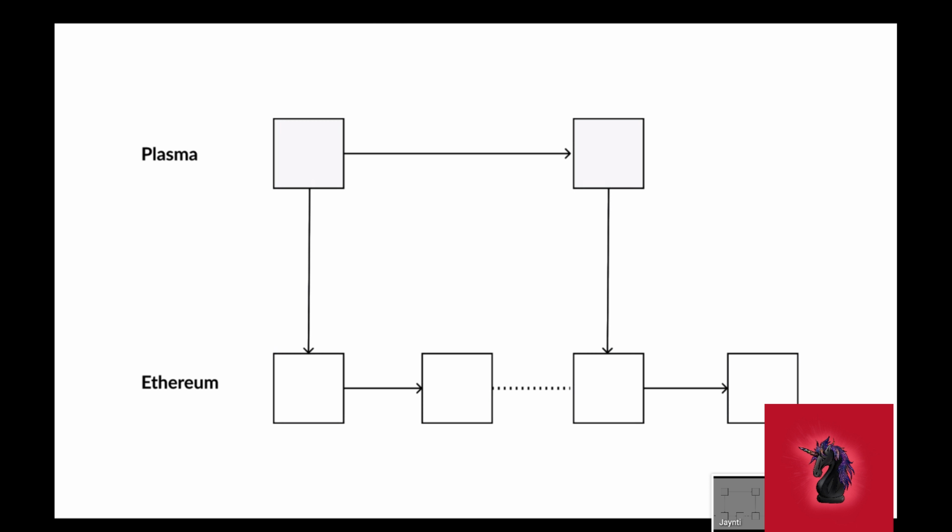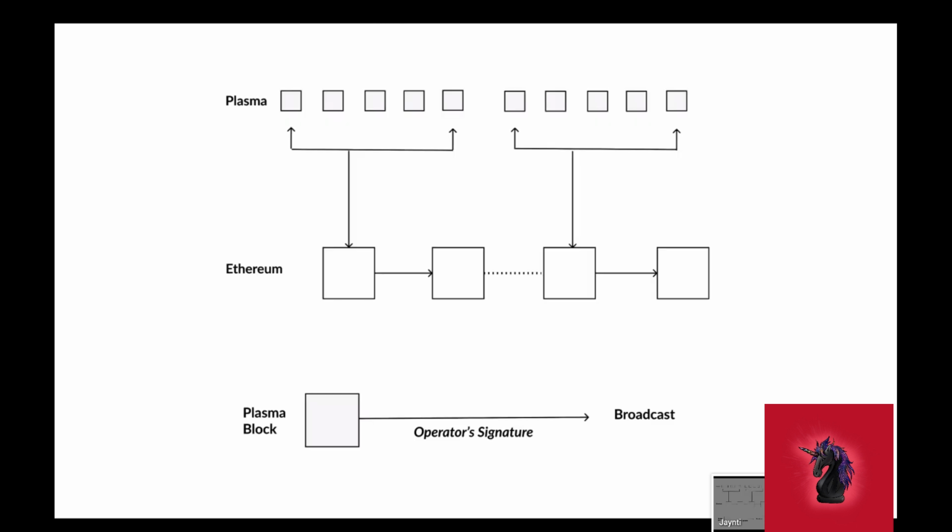But what we can do is have partial confirmation on each Plasma transaction. We can have multiple Plasma blocks of, let's say, 1 or 5 seconds, and the operator can just sign those Plasma blocks, or sign each transaction, and broadcast to the users directly.